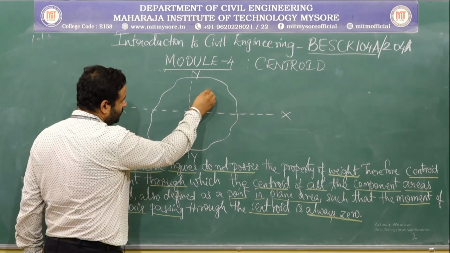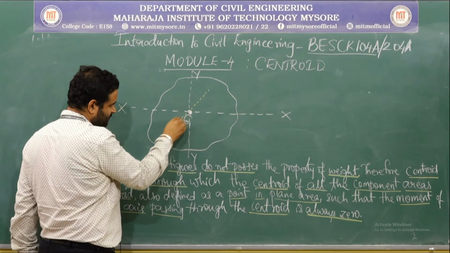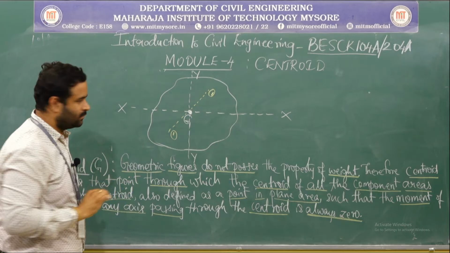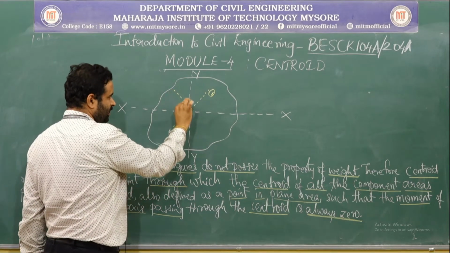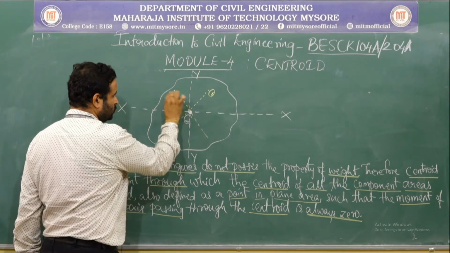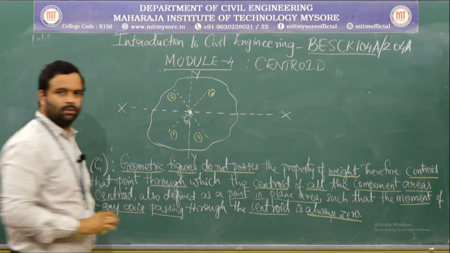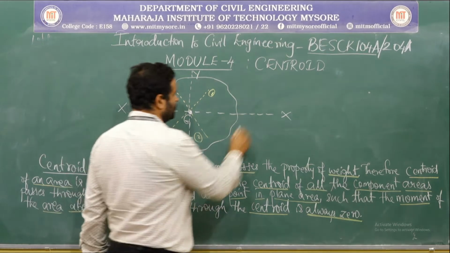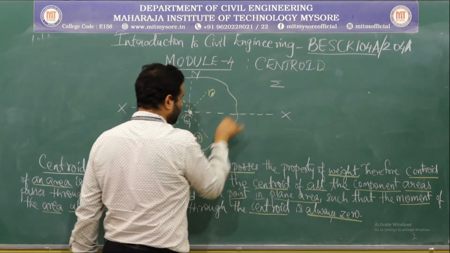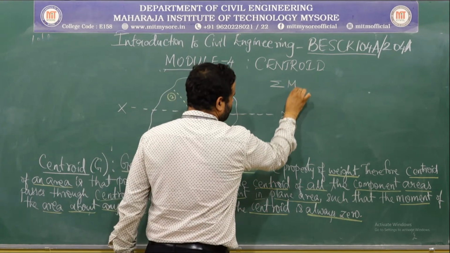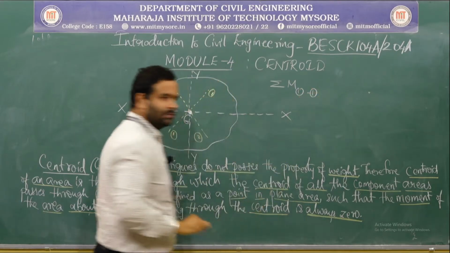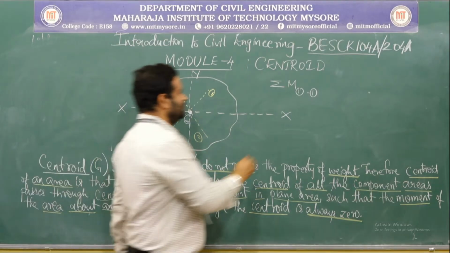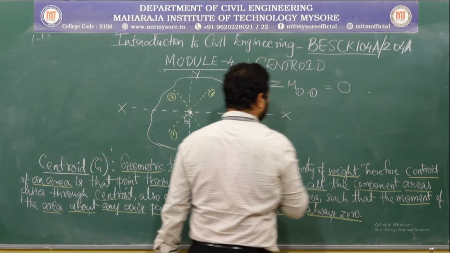If I take a section line say 1-1, or another section say 2-2, from the definition we can say that the moment of the area about section 1-1, which is passing through the centroidal axis, is equal to 0.